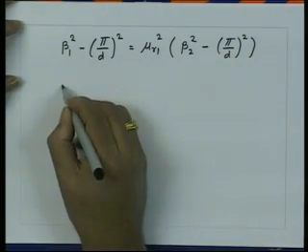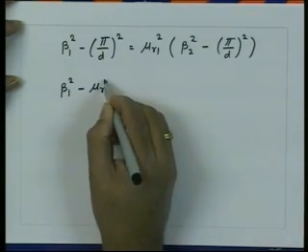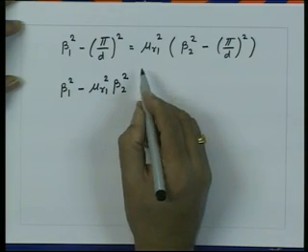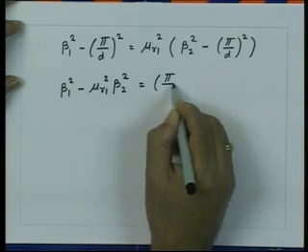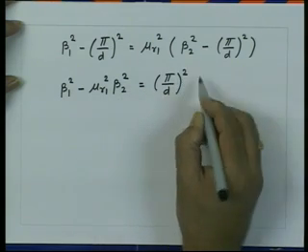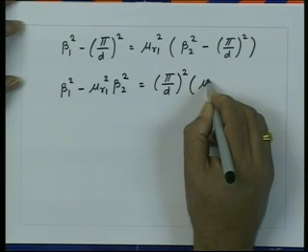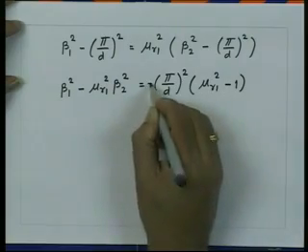So, from here we can get beta 1 square minus mu r1 square beta 2 square, that will be equal to pi upon d whole square into mu r1 square minus 1 with a minus sign.